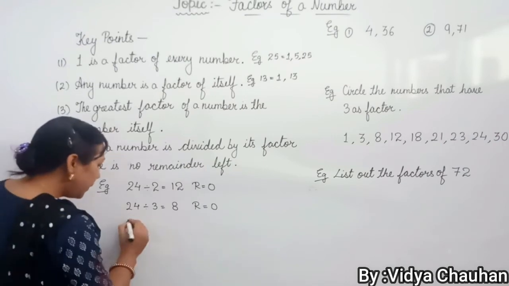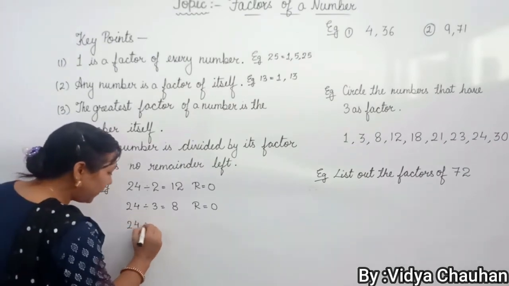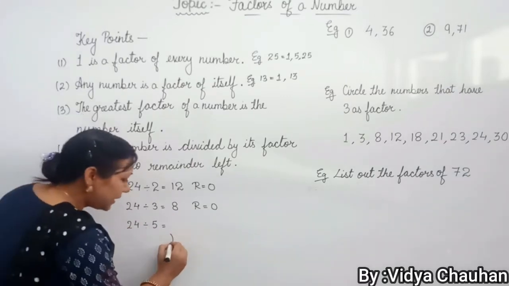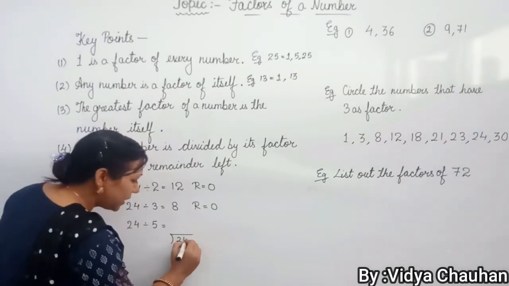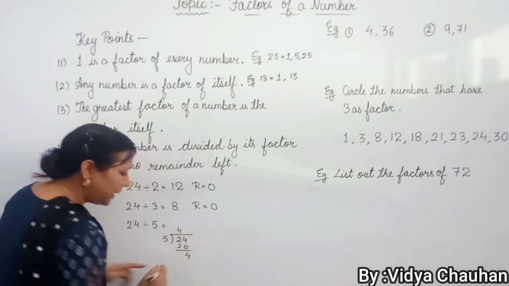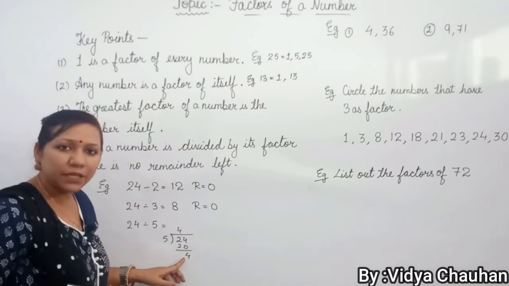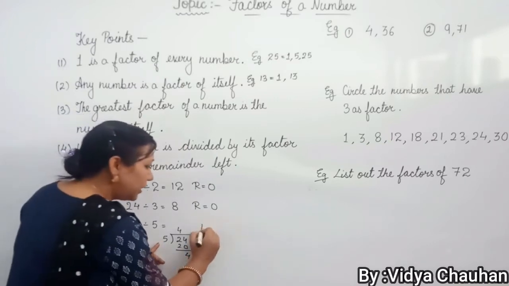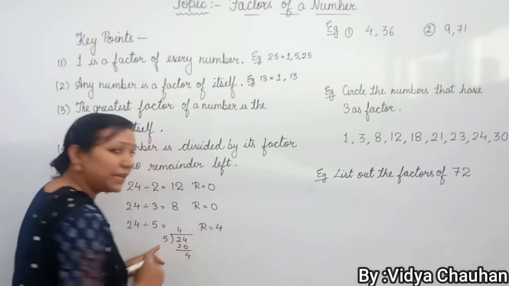Clear? Now, if I divide 24 by 5, 5 fours are 20, 4 is left. That means we have something in the remainder. This 4 is not divisible by 5, so we are left with a remainder.